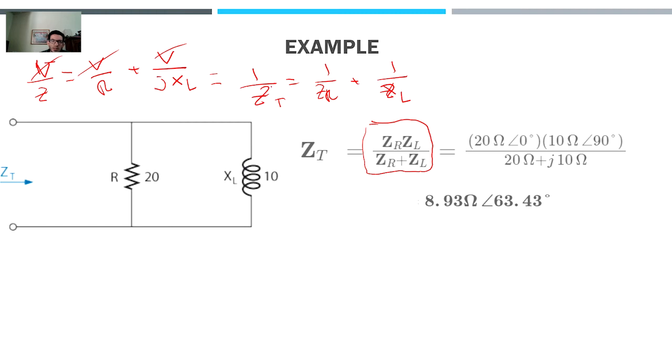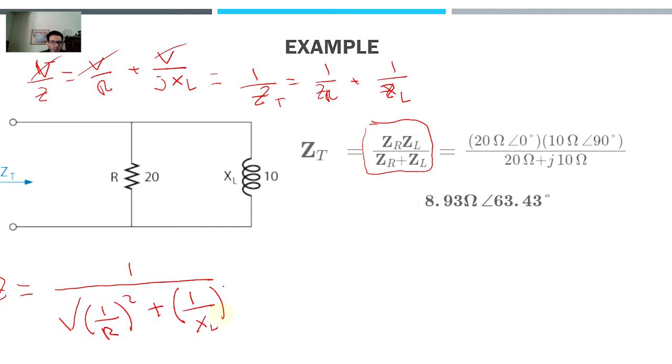Another way to compute, which I like a lot because it's straightforward just by using a calculator, is that you start with 1, and then we compute the impedance of each element. So 1 over the impedance of the resistor plus 1 over the impedance of the inductor. Now we're computing the total contribution of the impedance because of the reactance.